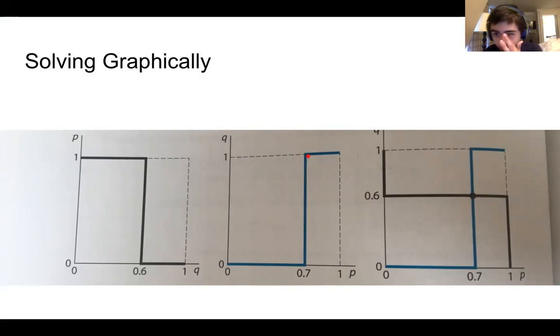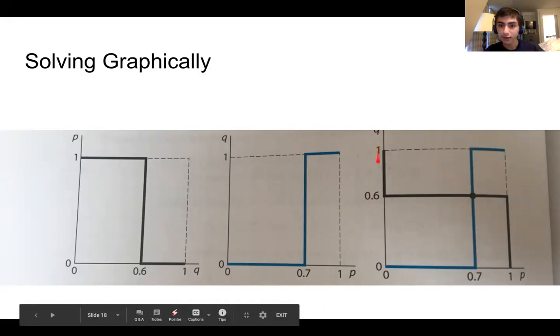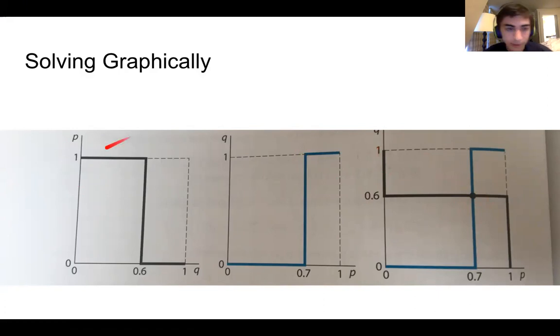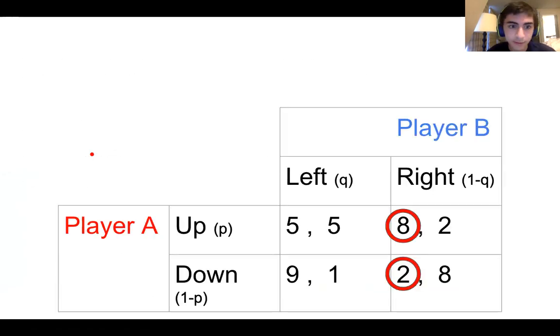So P is, in this case, 0.6, right? Let's go back to player A's response rules.